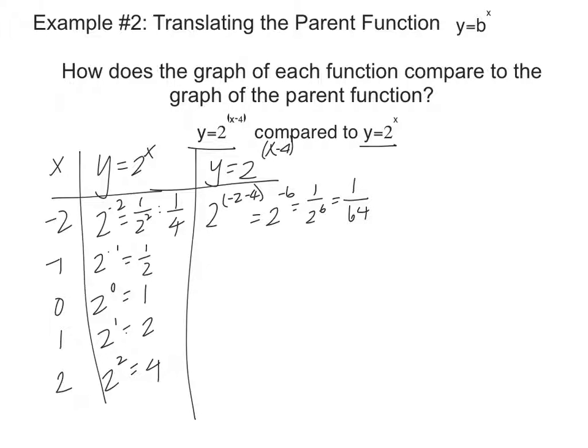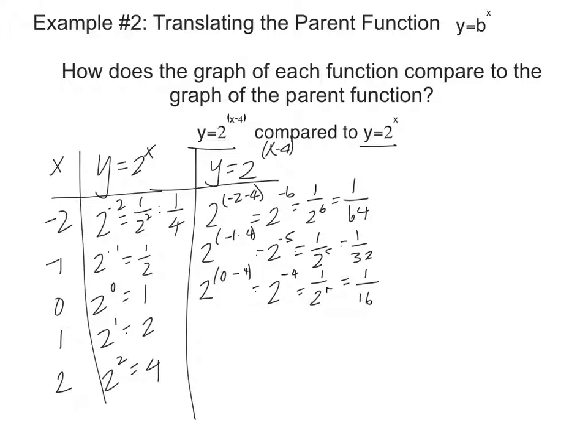All right, the next one, that'd be 2 to the negative 1 minus 4, which is really 2 to the negative 5, which we really know is 1 over 2 to the 5th, or 1 over 32. Okay. 2 to the 0 minus 4 is really 2 to the negative 4th, which we know is 1 over 2 to the 4th, which is 1 over 16. I know this looks really bad, sorry.